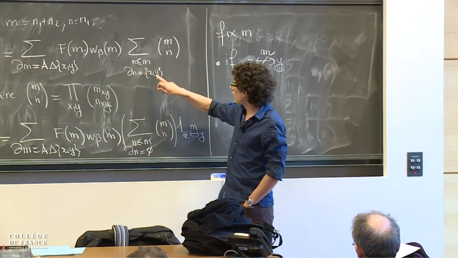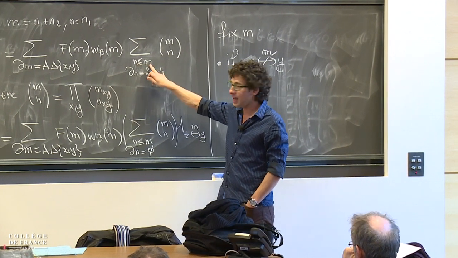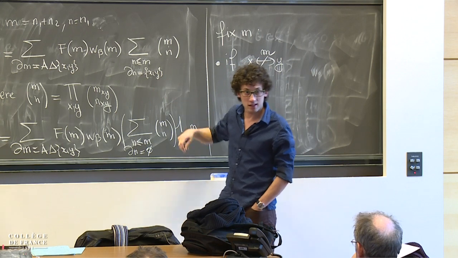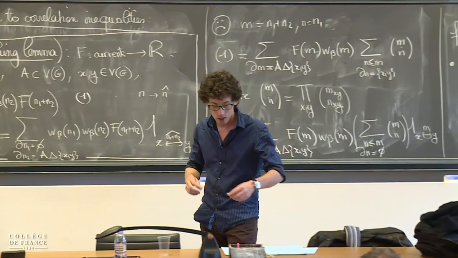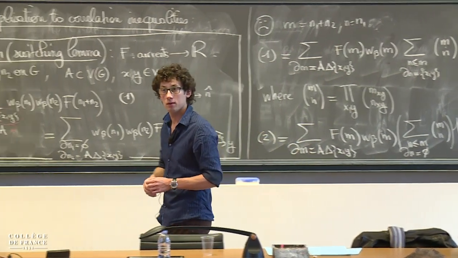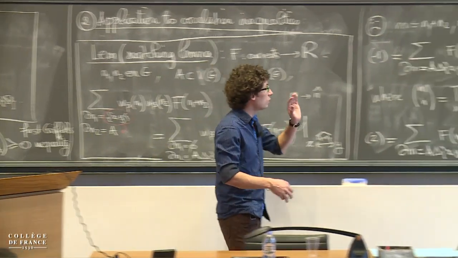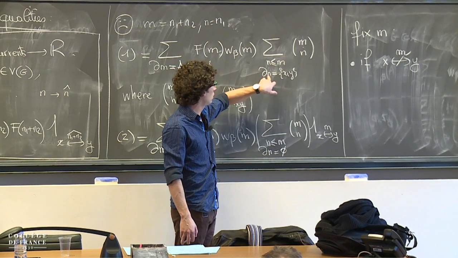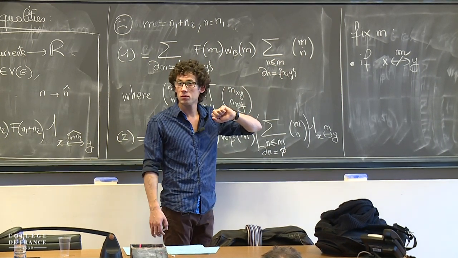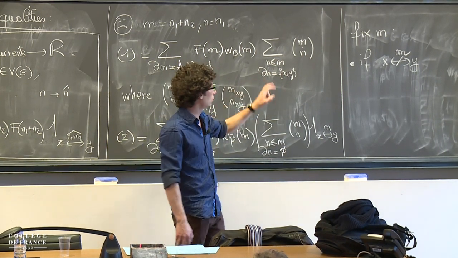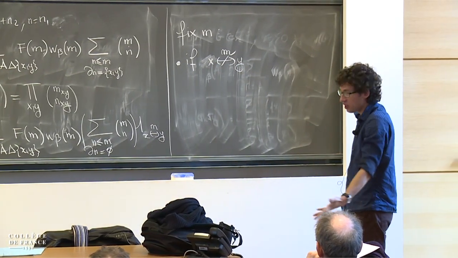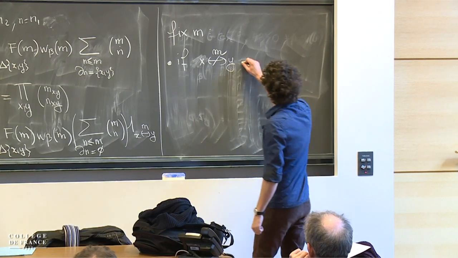But then this thing as well, because n is smaller than m, so n has sources at x and y, so it has to have a path between x and y. So there is no current smaller than m for which the sources are x and y. Okay? Because otherwise, x will be connected to y in n and a fortiori in m. Both terms are 0.